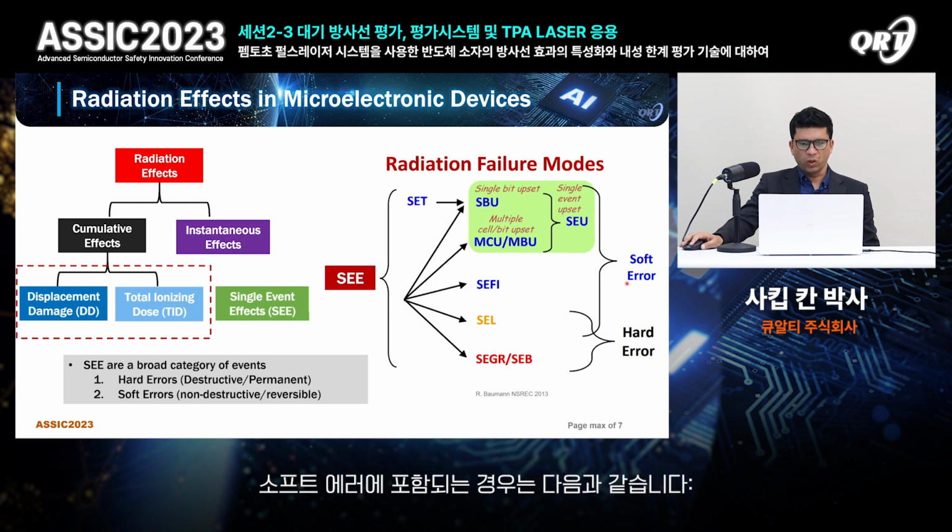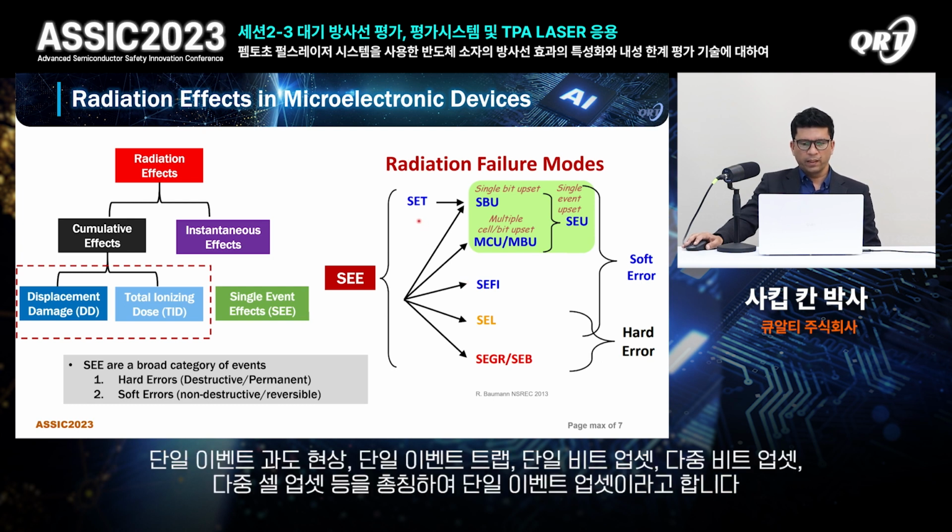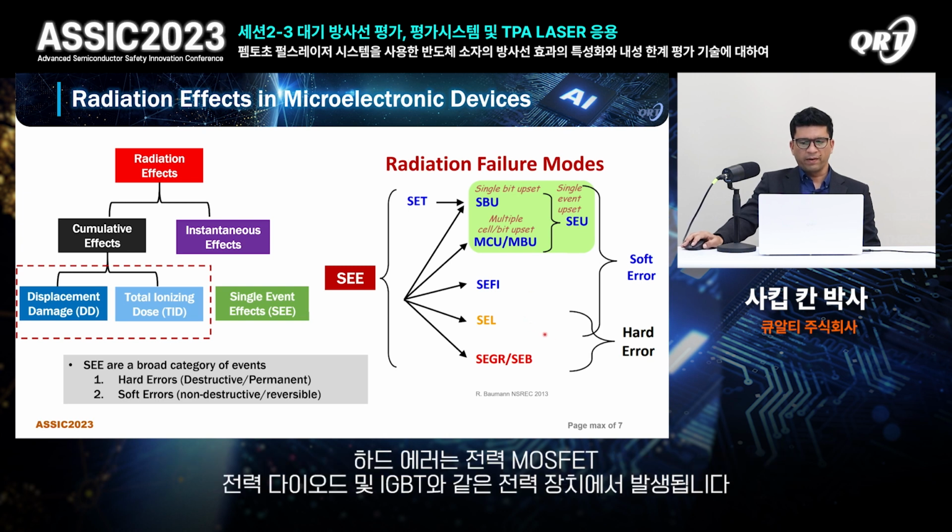In the case of soft errors, there are a number of errors which come under this category: single event transient, single event functional interrupt, single bit upset, multi-bit upset, multi-cell upset. These are collectively known as single event upsets. Hard errors mostly occur or manifest themselves in power devices, like power MOSFETs, power diodes, as well as IGBTs.